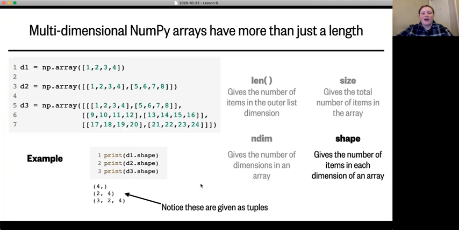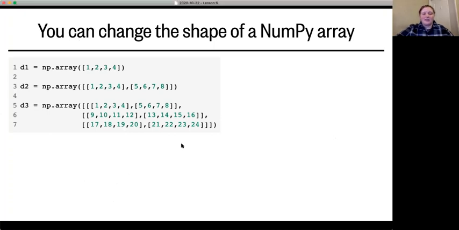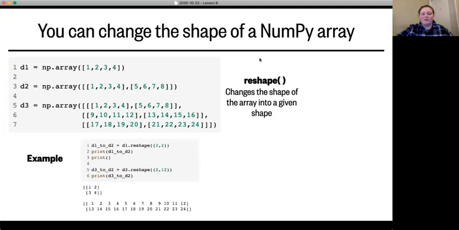So now that we know how to find out about our arrays, we can also change the shape of our arrays in order to make it easier to work with them, right? So we have our same arrays here, and we're going to use the reshape function. This changes the shape of an array into a given shape. Now this given shape is something that you're going to put into the function. Notice it is a function because it has its parentheses here. And you're going to tell it the number of rows and the columns that you want it to change into.